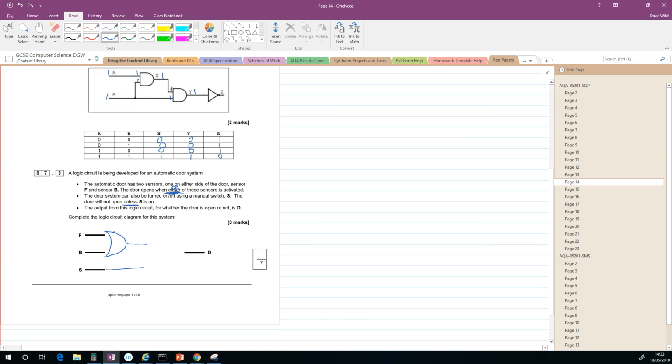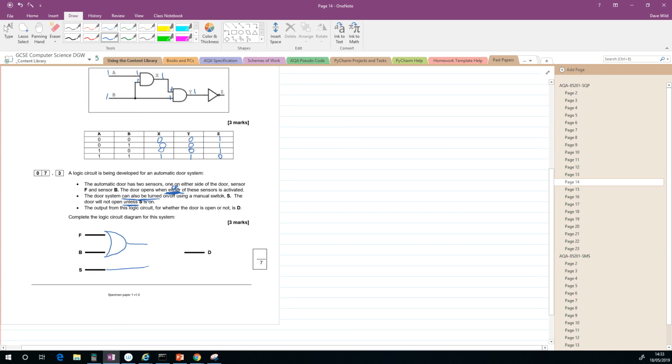If either of these is on, then the output will depend on those. So let's just go through this again. So basically what we need to do is, it says the door system can also be turned on or off using a manual switch.